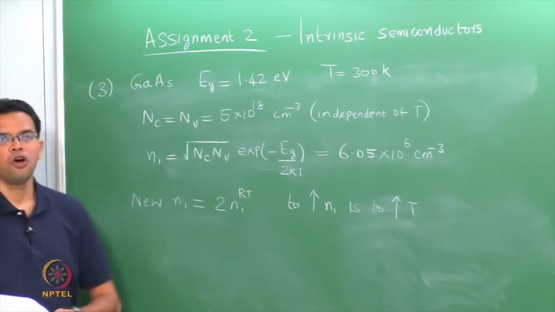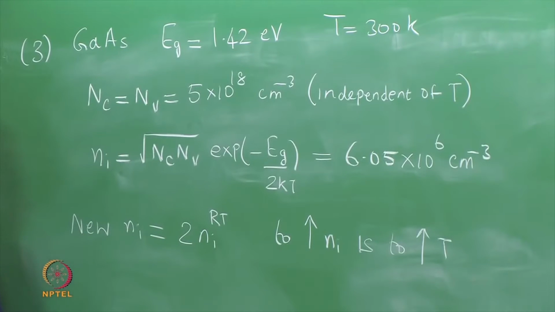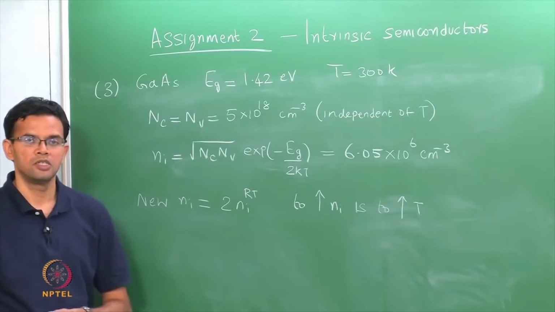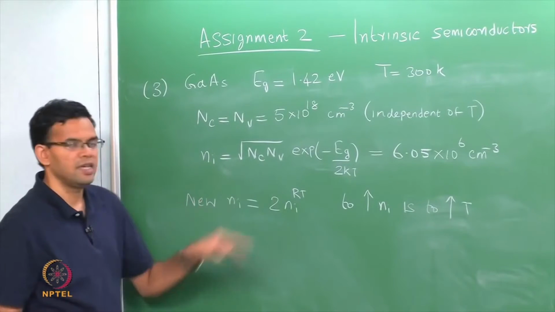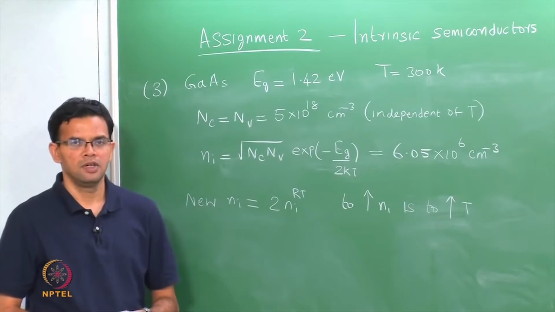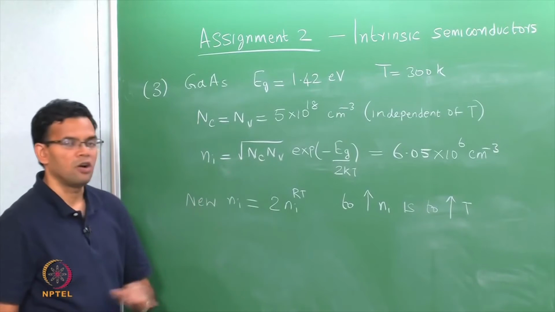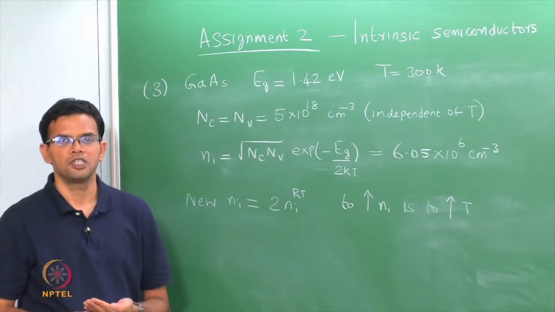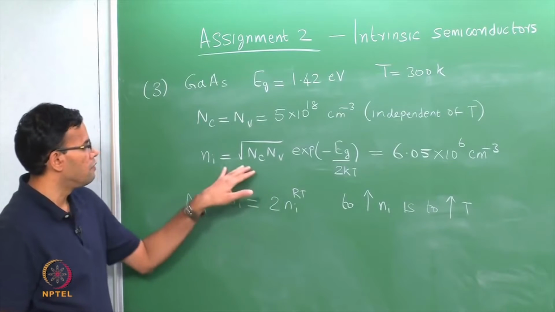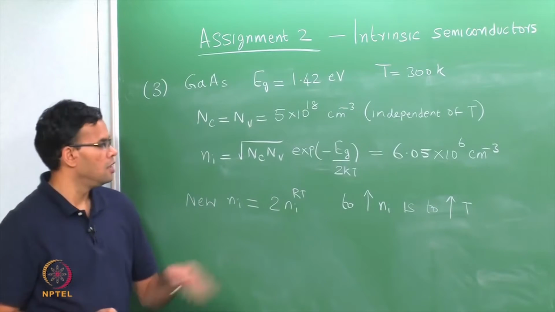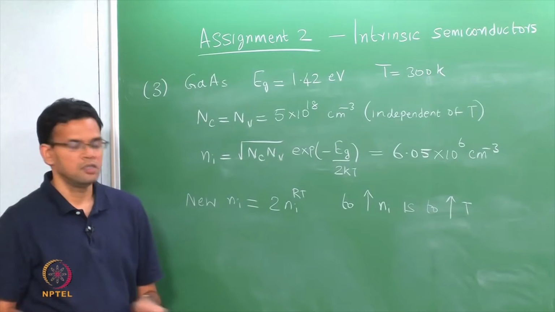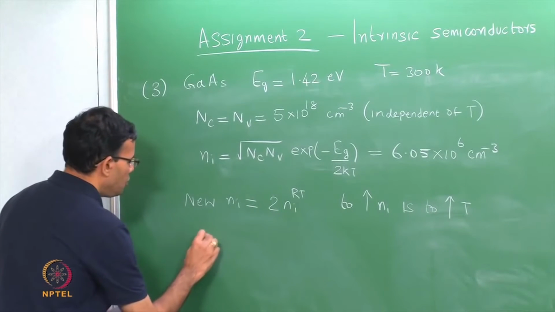So, we want to know what the new temperature is when your value of Ni is 2 times the Ni at room temperature. So, we will once again use this expression. Nc and Nv are constant, so it is not a function of temperature. If it were a function of temperature, that would also have to be taken into account, but Nc and Nv are constant. We know the new value of Ni.